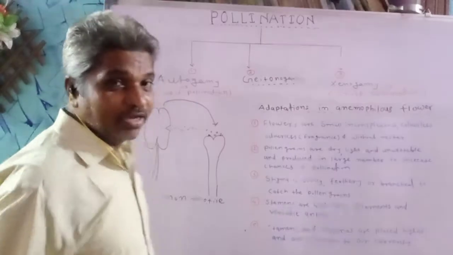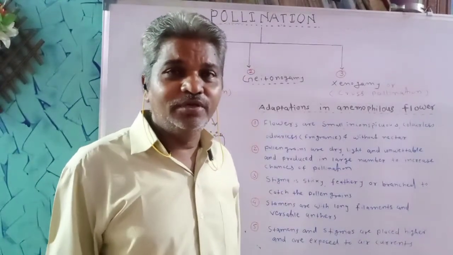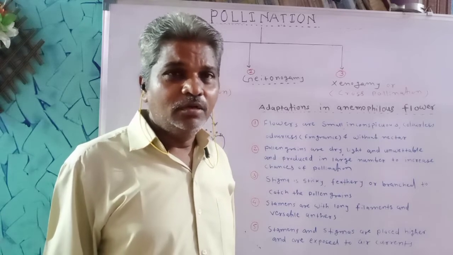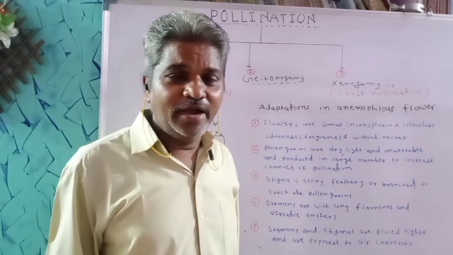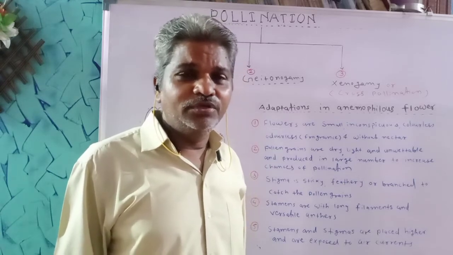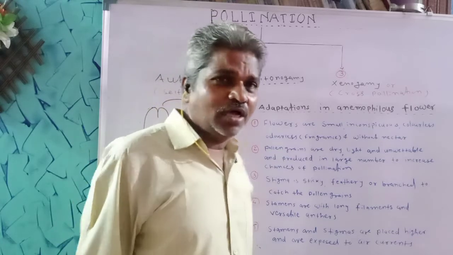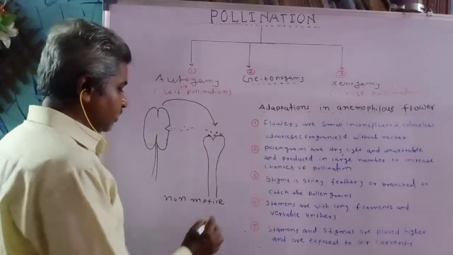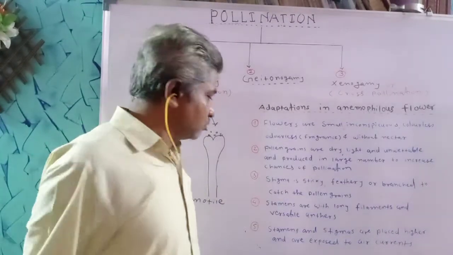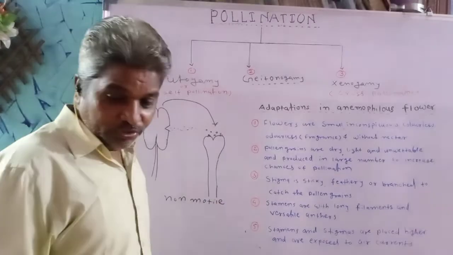Male gametes lie in the pollen tube and the female gamete lies in the embryo sac or female gametophyte. The female gamete is the egg and the male gamete lies in the pollen tube. Male and female gametes are non-motile, that means immovable. They are unable to move. So this is about pollination.